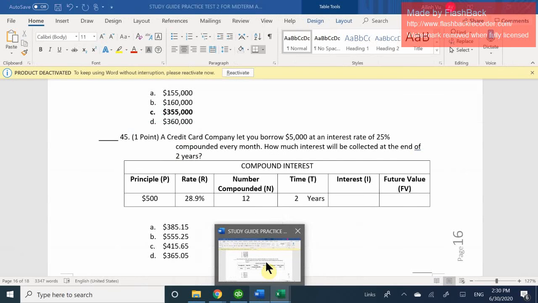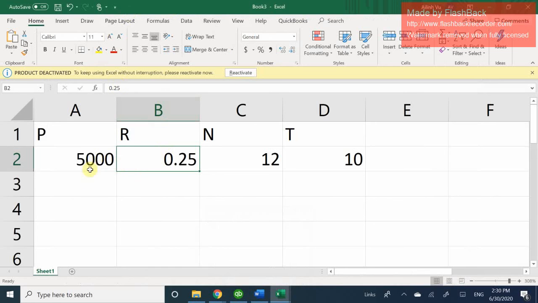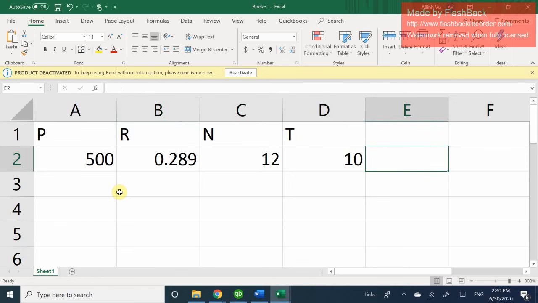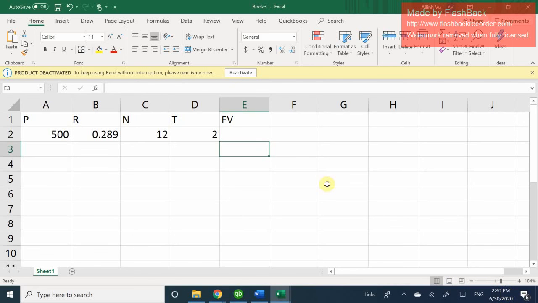Okay, so it's 28.9. I'm gonna follow what's in the box. So 0.289, 12, and 2 years. My time should be 2. Okay, hold on, this is too big for me. There you go.